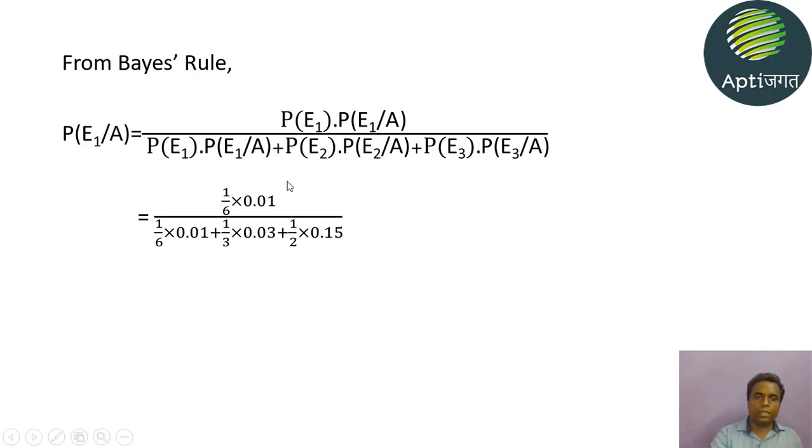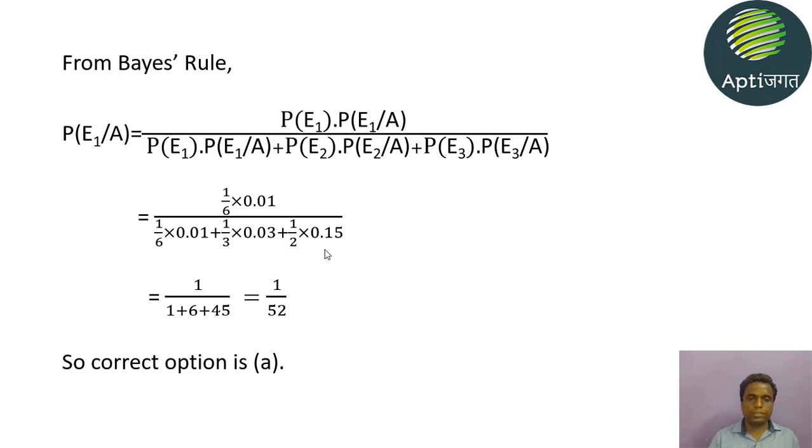Similarly P(E2) 1 by 3, P(A slash E2) 0.03, and P(E3) half, P(A slash E3) 0.15. So what we get is 1 upon 1 plus 6 plus 45. So finally the answer is 1 upon 52. The probability that a person meeting with an accident is a scooter driver is 1 by 52. So the correct option is option A.